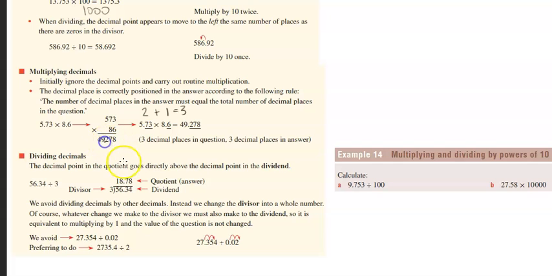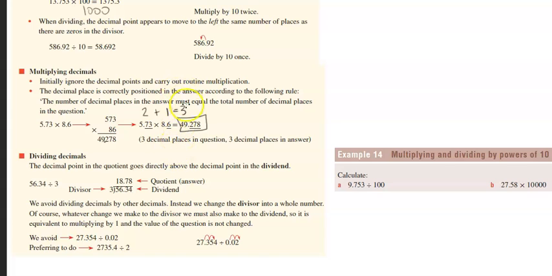So our decimal point will go there, or you can see it here, 49.278. Depending on how many decimal numbers there are after the first multiplier and after the second multiplier, that will determine how many decimal places will be in our answer. So in this case, there are 3.